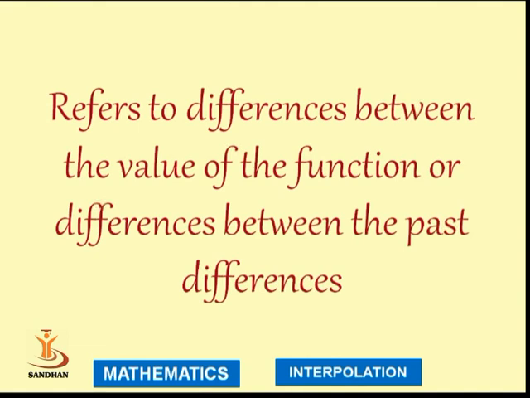Now, when we find the difference between the yi's, that is between the value of the function, then that is called the difference between the value of the function. Now, when you find out these differences and further compute the differences between the past differences, then it is called the differences between the past differences. So in either case, these are finite differences.